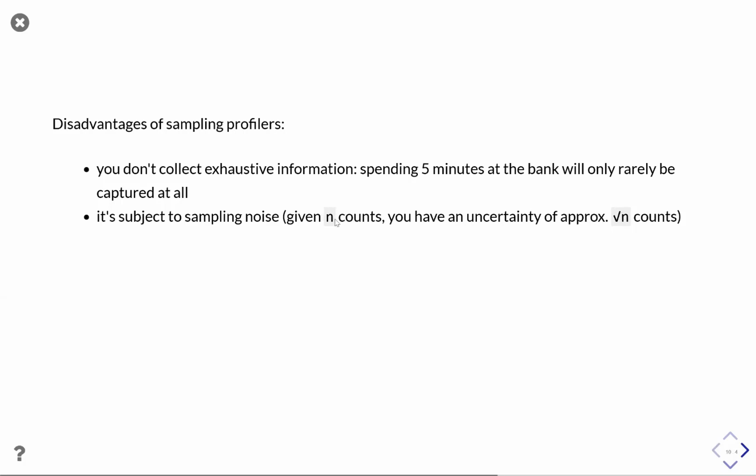So if you have n times that you've observed a particular location in your program, then your uncertainty in the actual number is approximately the square root of that number, basically. And that just comes from sampling statistics. So as long as you know these things about sampling profilers, as long as you don't expect them to give you an identical looking profile each and every time you execute them, then I think they really are the way to go.